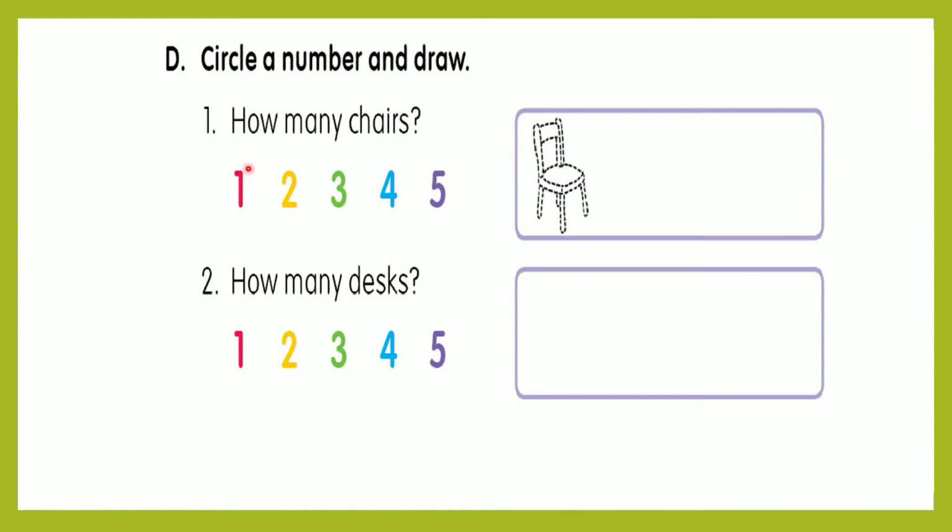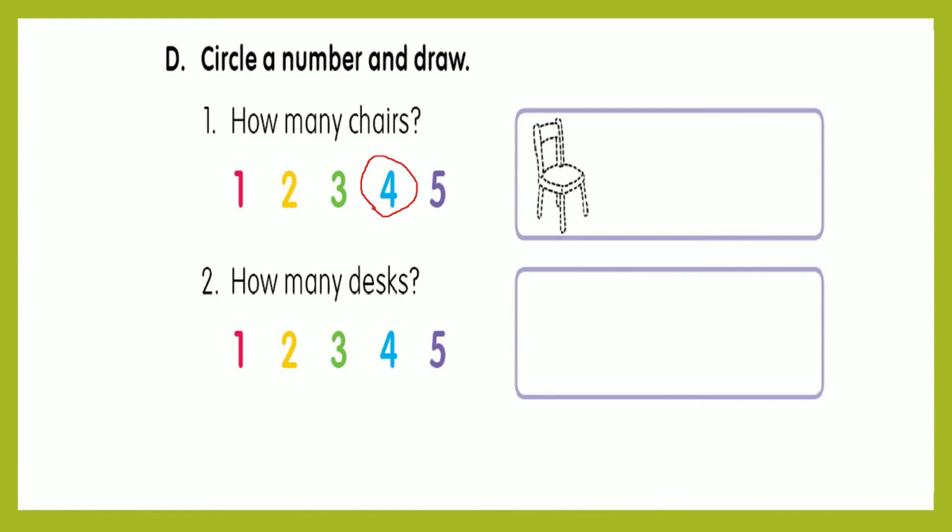How many chairs were they? How many? How many chairs were they? Who can remember? Well, they were 4 chairs. So I'm going to need you to draw 4 chairs.